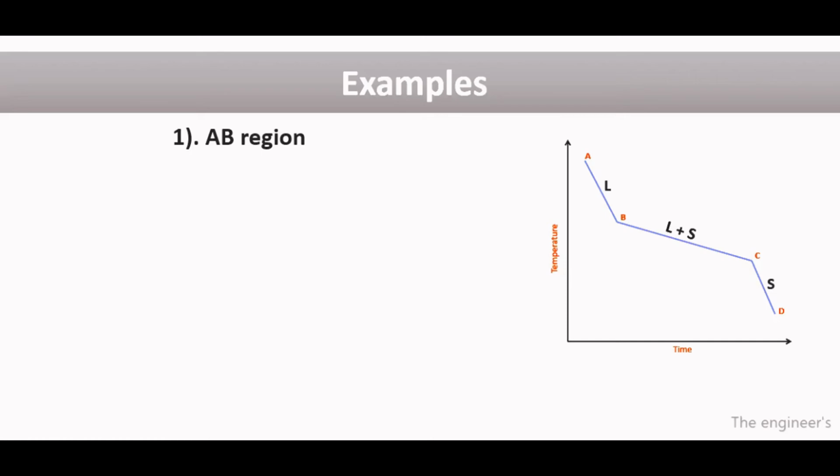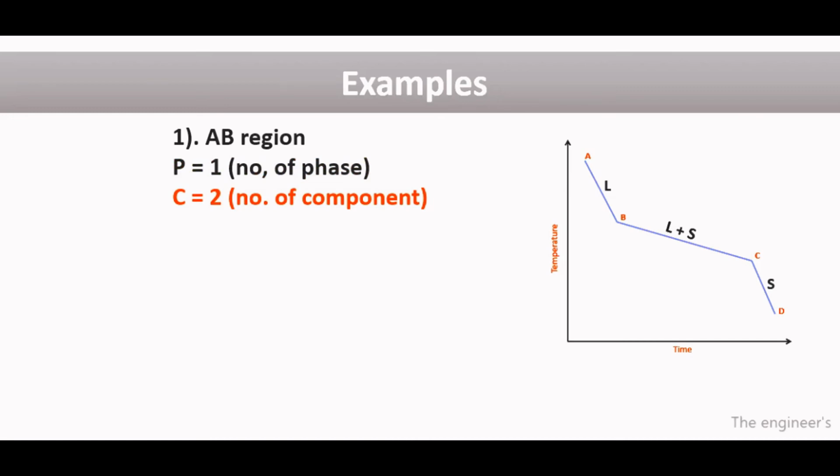Now let's find out the degree of freedom for AB region. At AB region, how many phases do we have? There is only molten metal present, so number of phases is 1. Now, how many components do we have? We have two components. At point A there is molten metal, and at point B our molten metal starts solidifying.